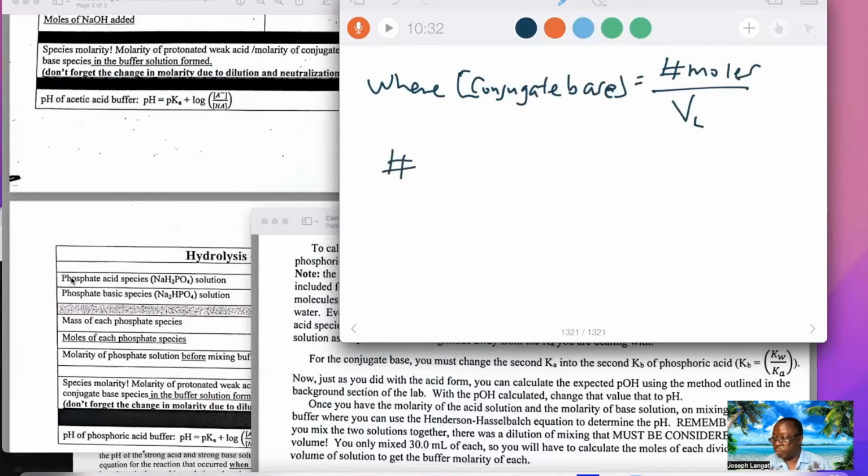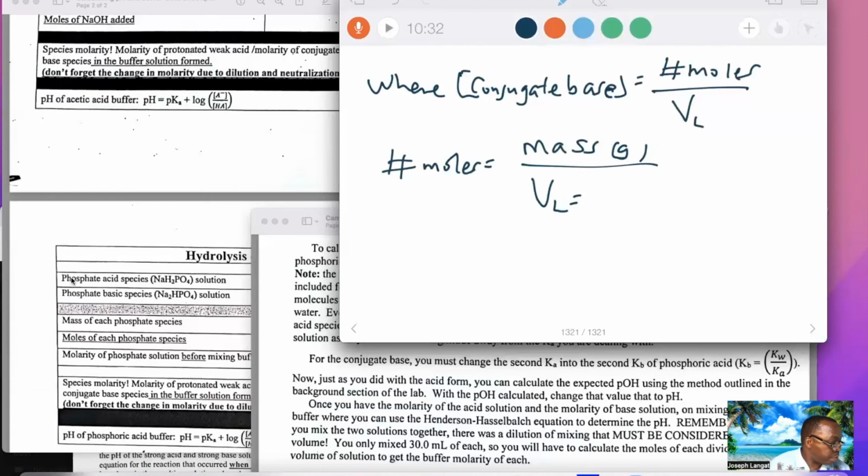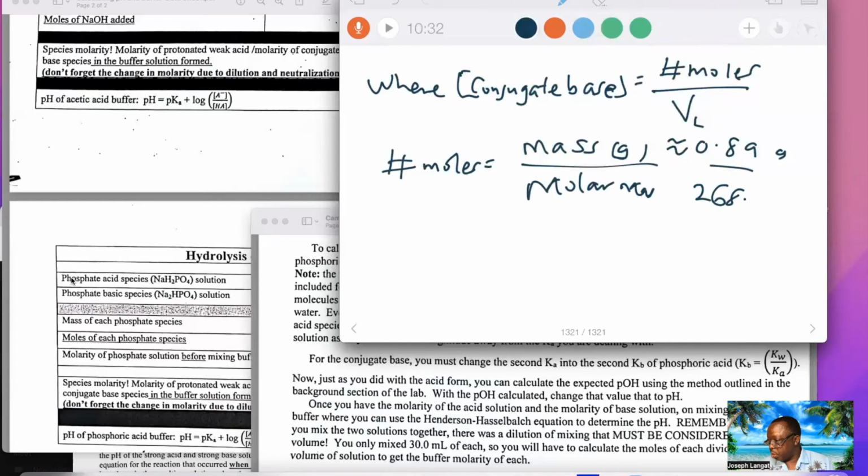Number of moles is the mass in grams, which we recorded in the lab manual data sheet, around 0.89, over molar mass, which I think was 268.07.